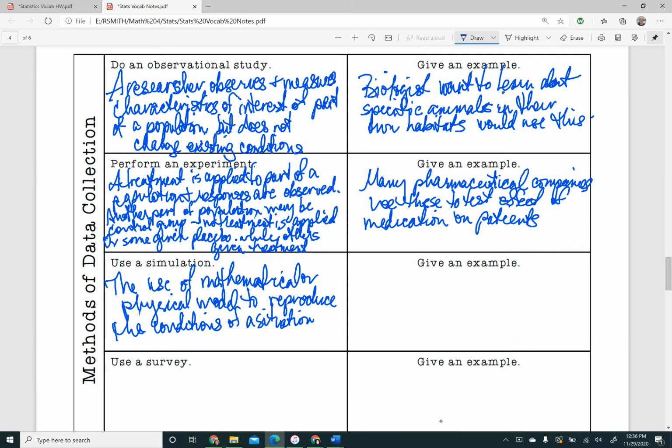So like when we do our stat edit, stat calc. So automobile companies use simulations with crash dummies.